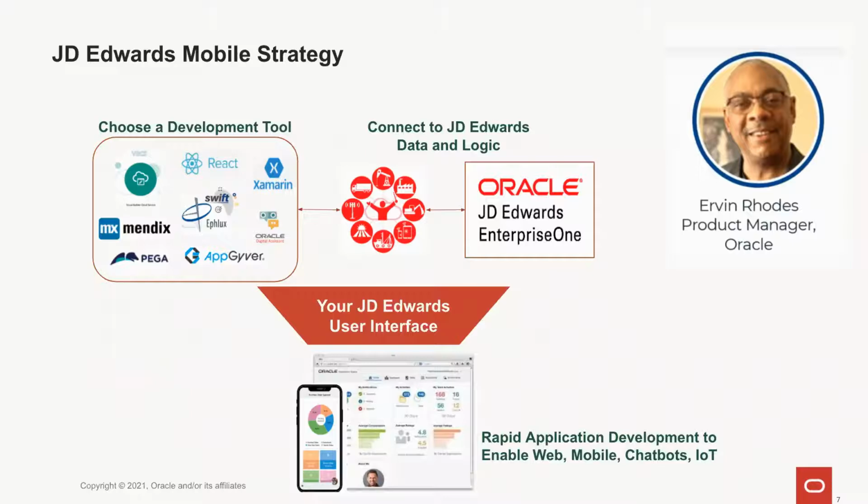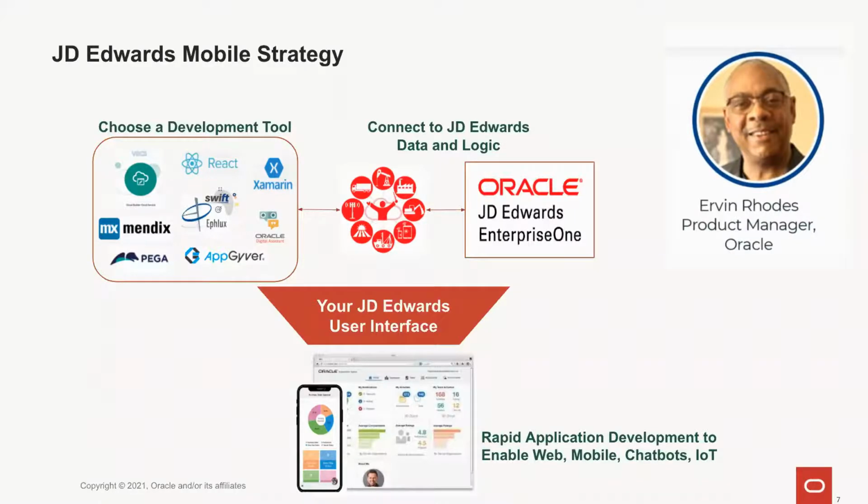So when we look at this diagram here, this is the primary component of the JD Edwards mobile strategy, which is for customers and partners to select their front end development tool that they want to use and connect to the JD Edwards logic and data by using the orchestrator and getting the information and data that you want to bring back to your front end.